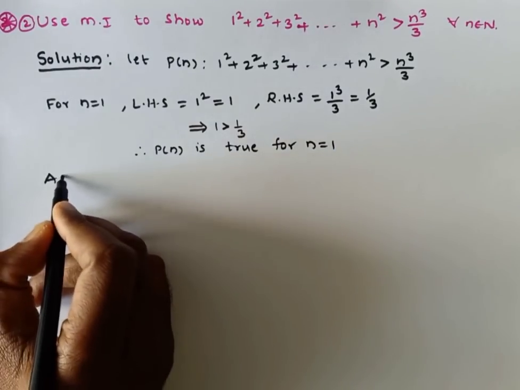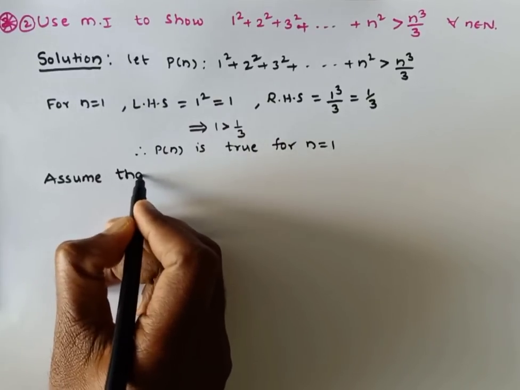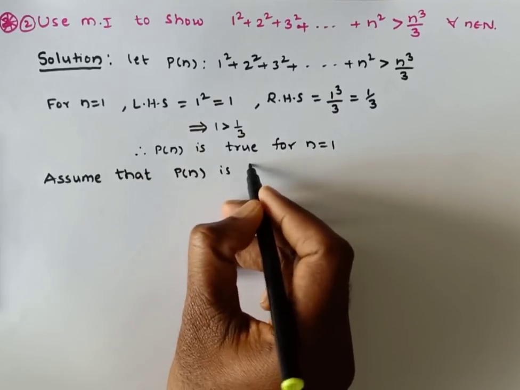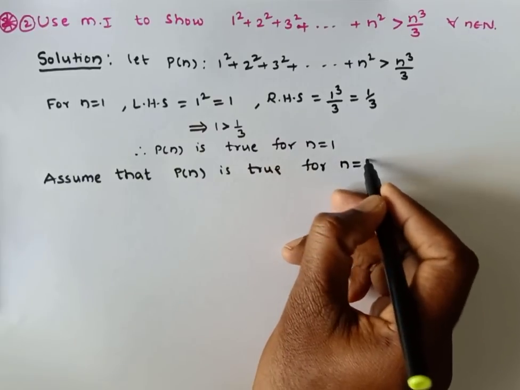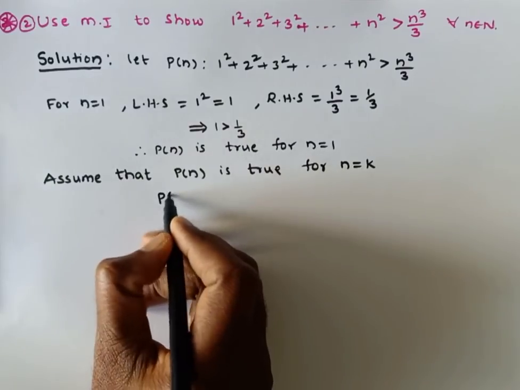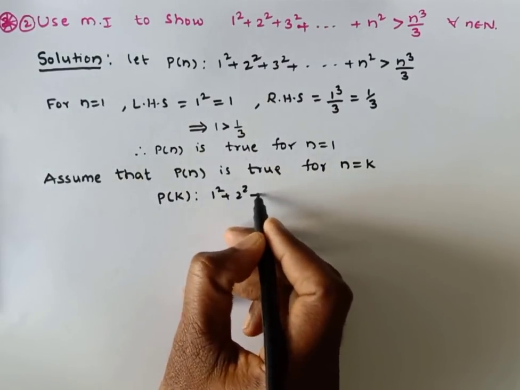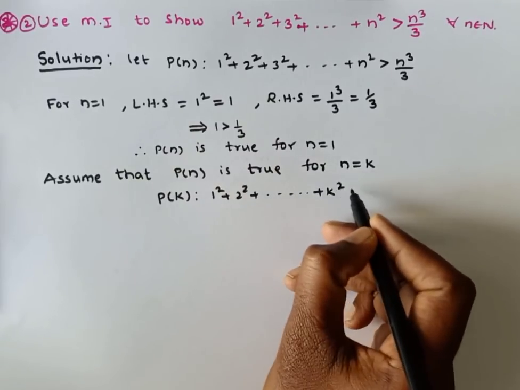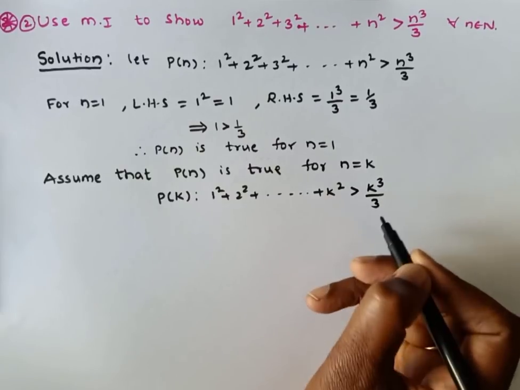Next assumption. Assume that the given statement P of n is true for n equals k. Now P of k is 1 square plus 2 square plus 3 square and so on plus k square is greater than k cube by 3.